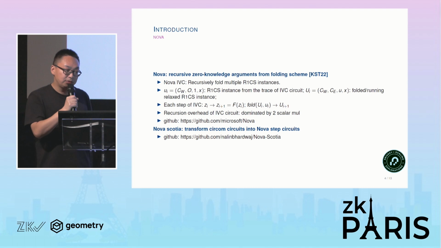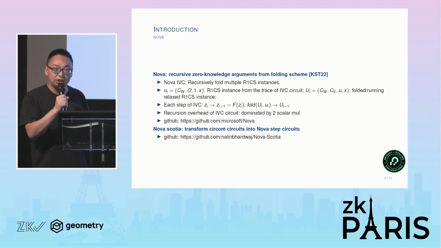After Nova, instead of verifying the proof, we can just extract the accumulator, what Nova calls the R1CS instance, from the IVC circuit and fold it into the running instance. You can think of this as the accumulator from the traditional language of IVC, but without verifying the proof of each step.